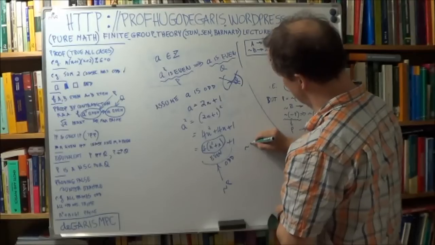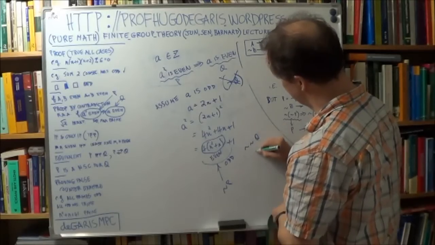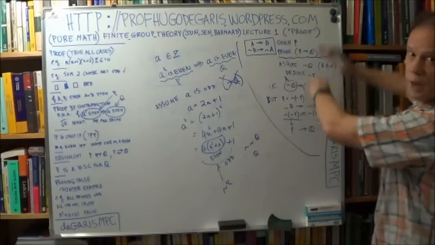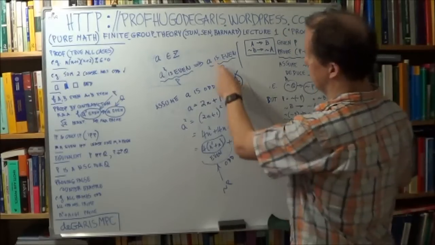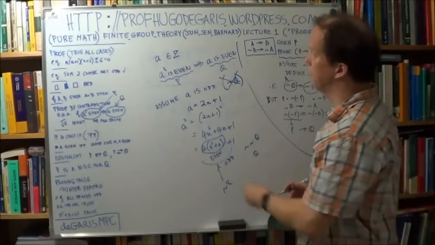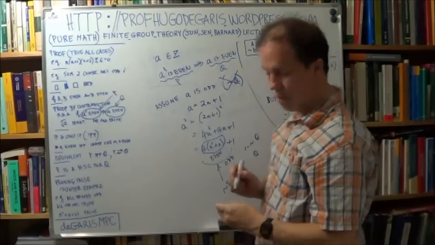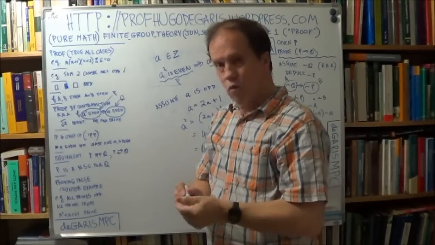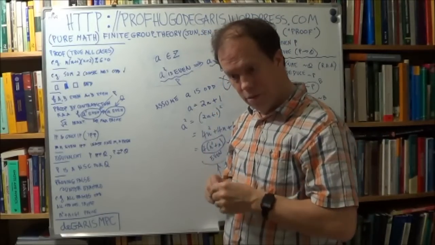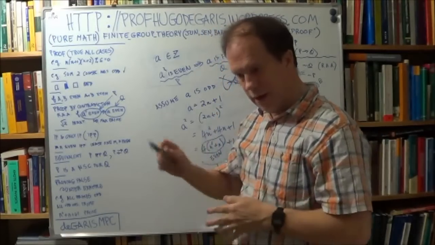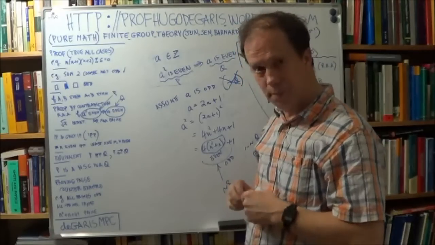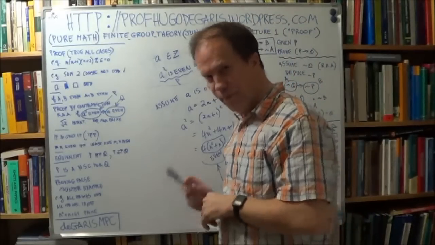So the case is not not Q, in other words, Q, from this logic. Okay? So what's Q? Well, A is even, so you've proved it. Right? So if A squared is even, then A is even, using this kind of reduction to absurdity, RAA in Latin, reductio ad absurdum.